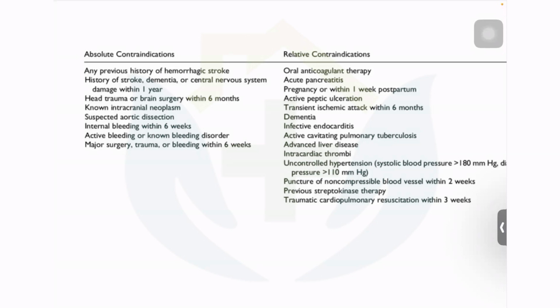Now let's see if pregnancy is a contraindication. Head trauma, brain surgery within 6 months, known intracranial neoplasm, suspected aortic dissection, internal bleeding history within the last 6 weeks, active bleeding or known bleeding disorder, any major surgery, trauma or bleeding within the last 6 weeks. These are the absolute contraindications.